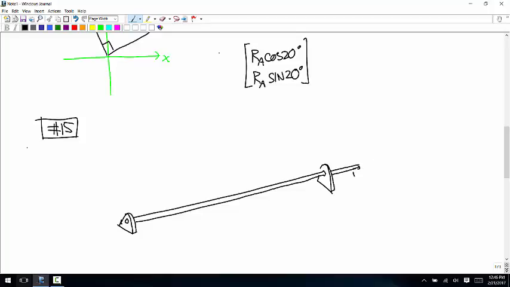And there's some gears on it. I'm just going to draw them like circles. But there's one on the far end. And there's one right at the, nope, not at the midpoint, in between these two, the two pin joints.